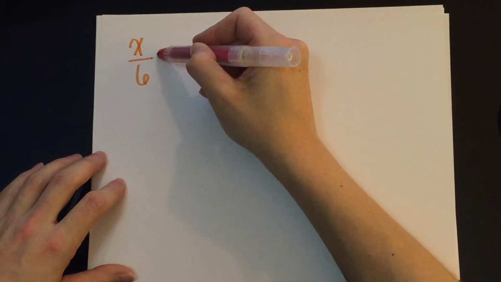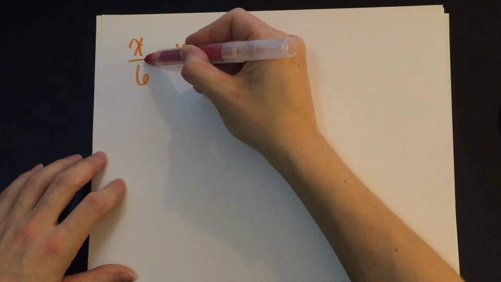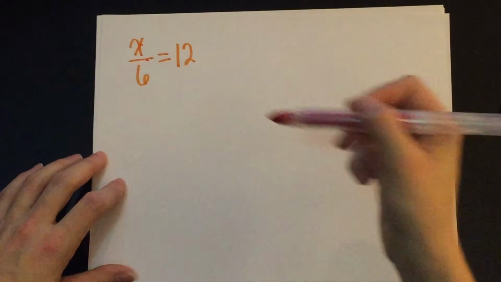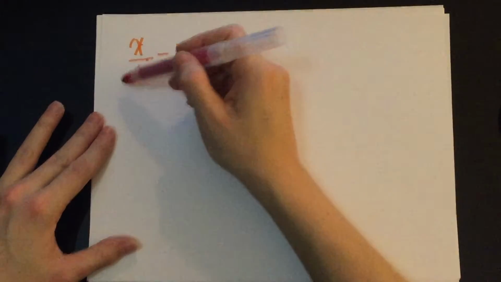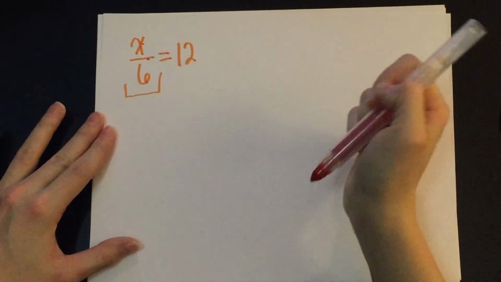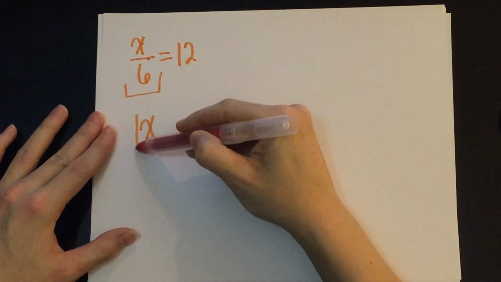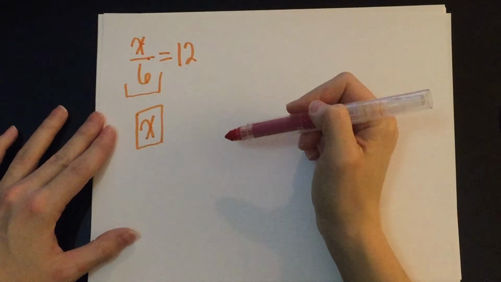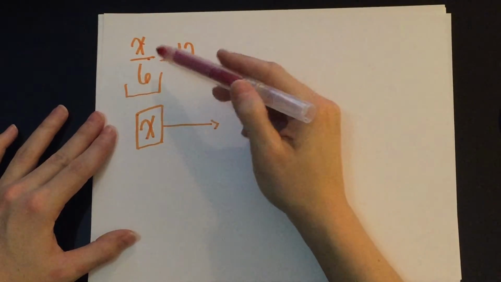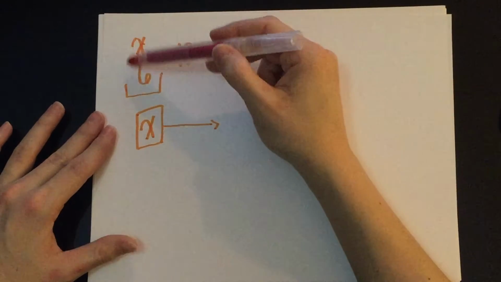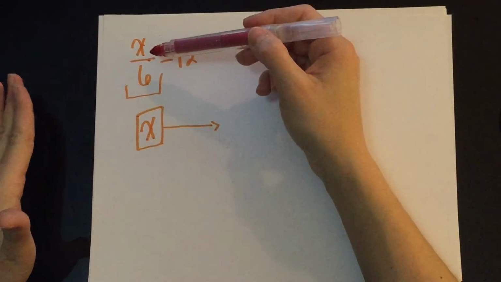This time we're going to have x divided by 6 equals 12. Just like the other two examples, we're going to build this left side of the equation. So we start off with our variable in the first box of the flow map, and we're going to flow. We need to figure out, is there any multiplication or division happening to the variable?